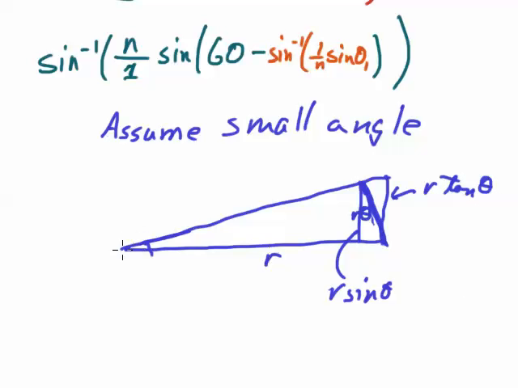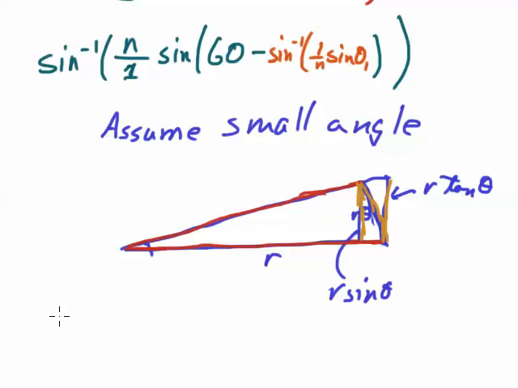You can see that a little better if I label both this length here. This length here is r, and this length here is also r. Notice that it doesn't include this little bit at the end. But the idea behind the small angle formula is to use the fact that when this angle is small, this length here, and this length here, and this length here are all pretty close to the same length.